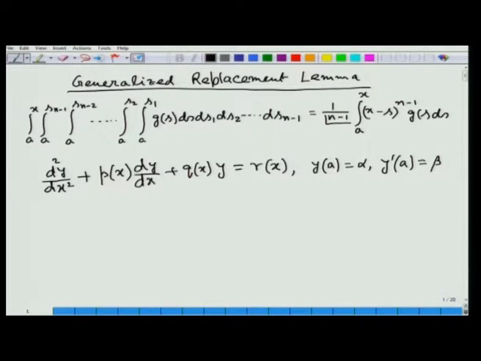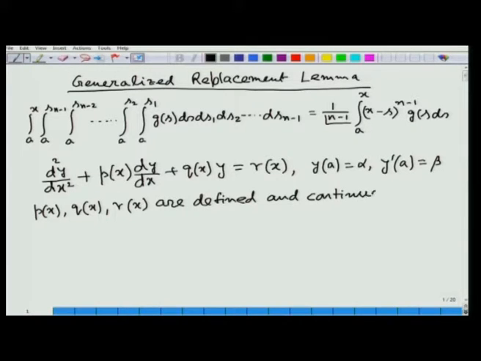Now, in this equation p(x), q(x) and r(x) are known functions. These three functions p(x), q(x), r(x) are defined and continuous over a less than or equal to x less than or equal to b.